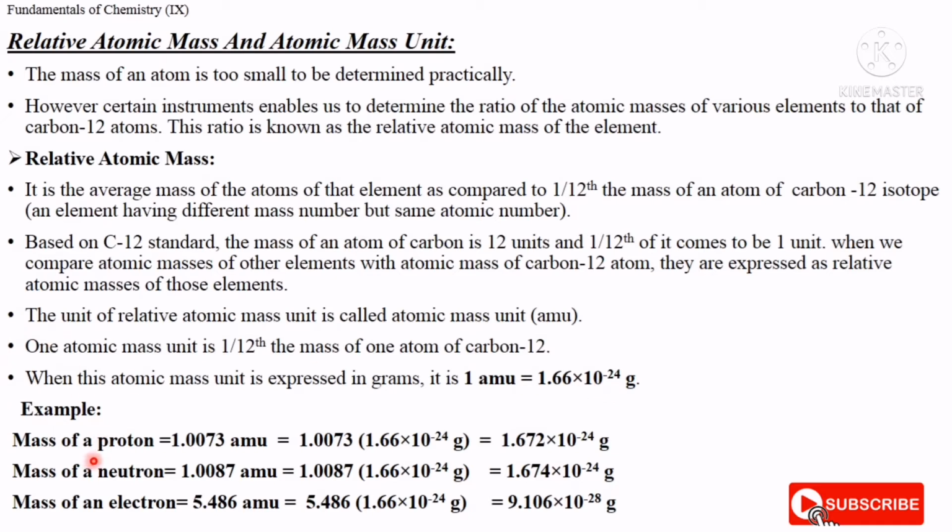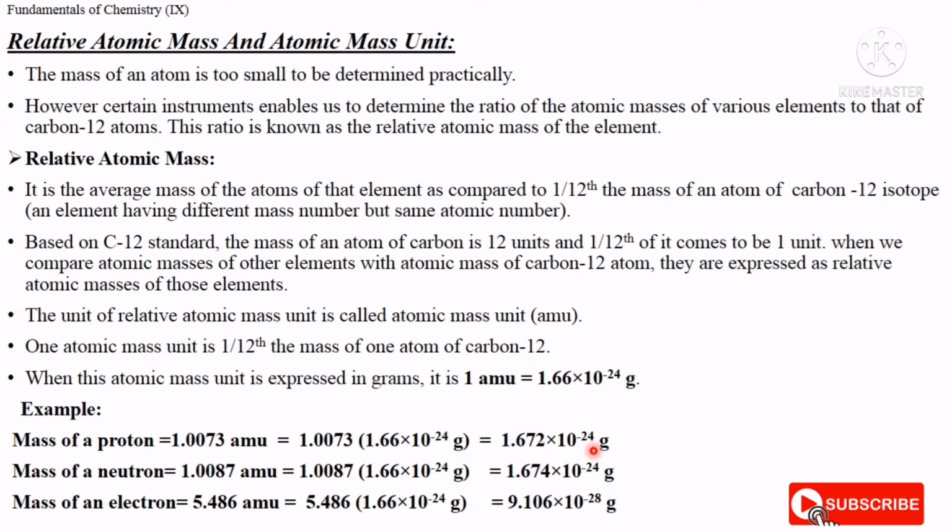The mass of proton is 1.0073 AMU, and if we convert the mass of proton from atomic mass unit to grams, we get 1.672 into 10 raised to power minus 24 gram.